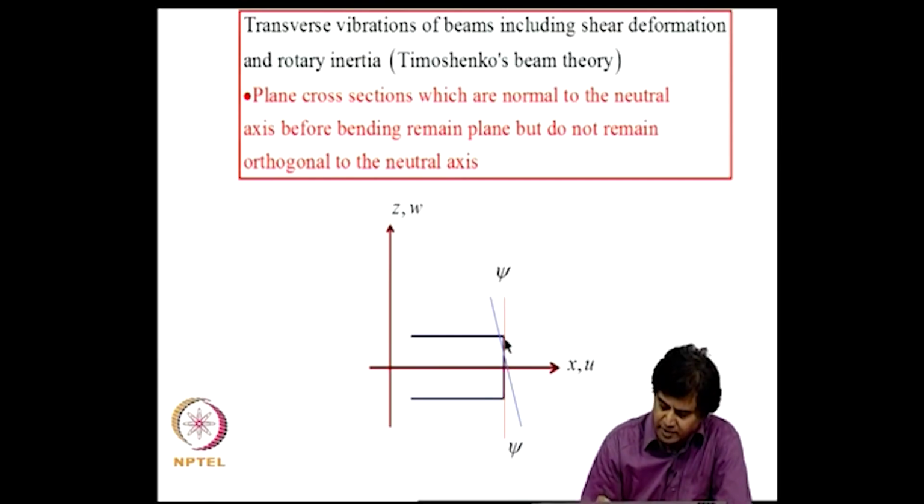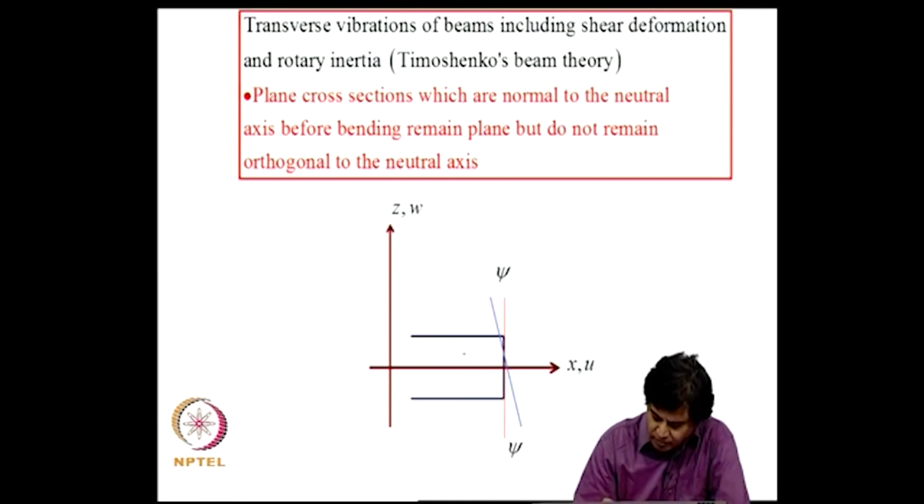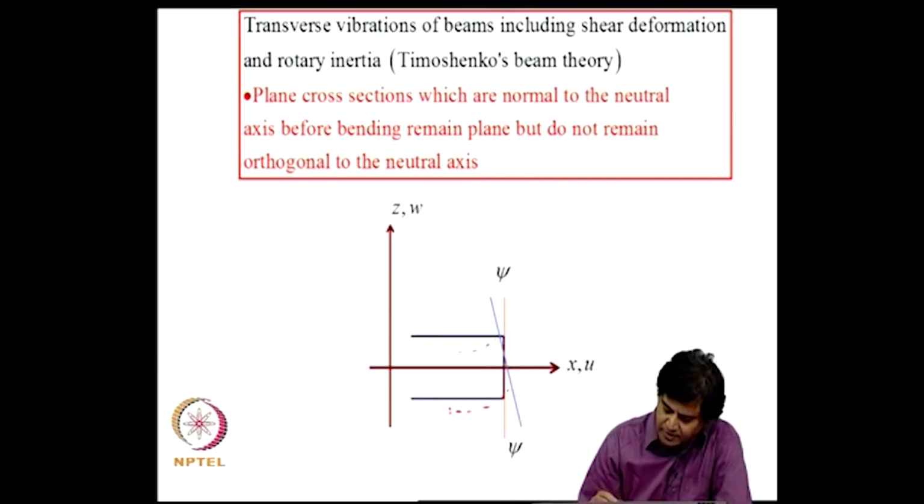So, there will be a shear deformation because of that. This shear angle is shown as psi. So, the deformed shape will be something like that. This angle between the neutral axis and this will not be 90 degrees, there will be a shearing component.